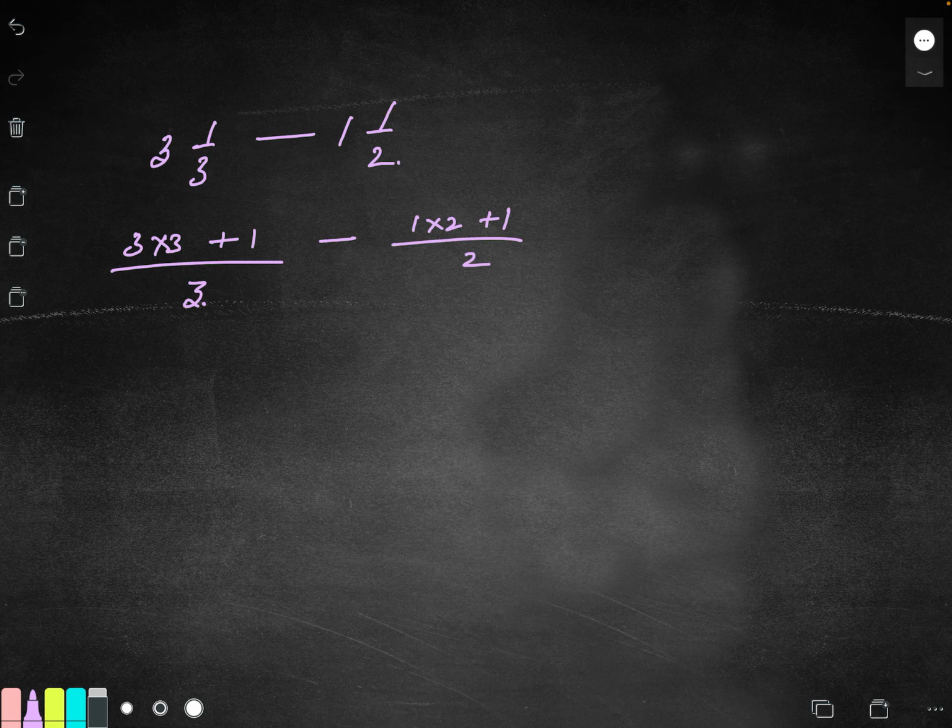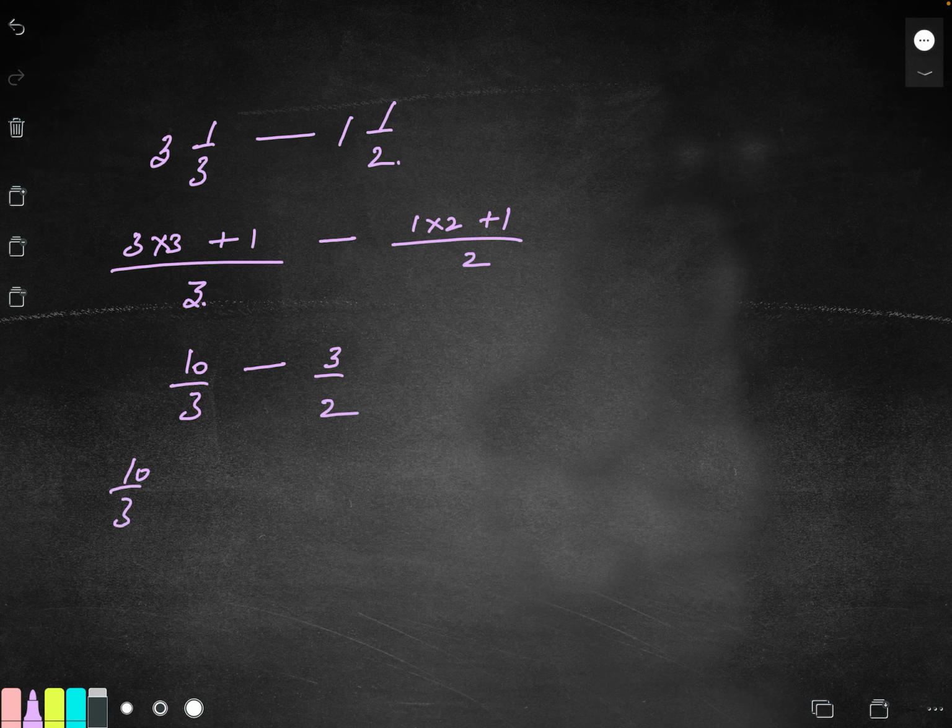Next, we have 3 1 upon 3 minus 1 1 upon 2. You remember the MAD process, no? So it is 3 into 3 plus 1. Multiply, add, and then denominator. 1 into 2 plus 1 upon 2. So you get 10 upon 3 minus 3 upon 2.